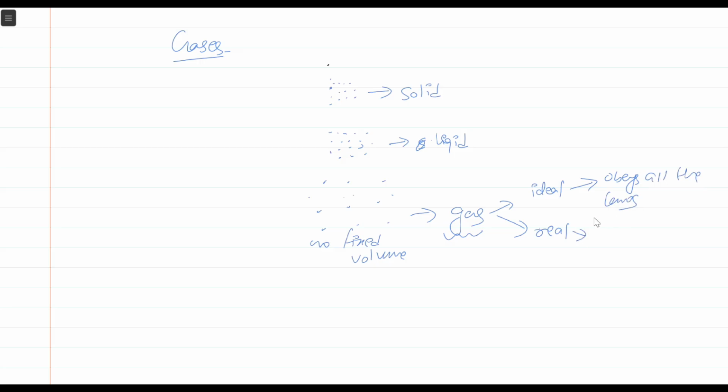Real gases are those which obey these laws only at low pressure and high temperature. Only at these two conditions do real gases obey all those seven laws. Otherwise, they won't obey at all. And those gases which obey all the seven laws at all conditions are called ideal gases. So our concerned topic right now is to study ideal gas.